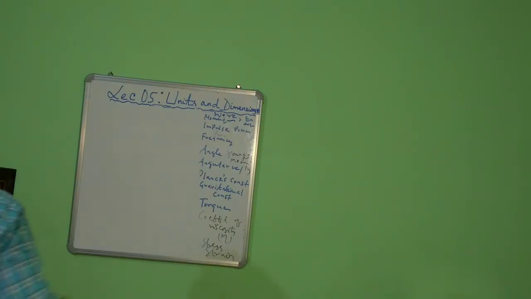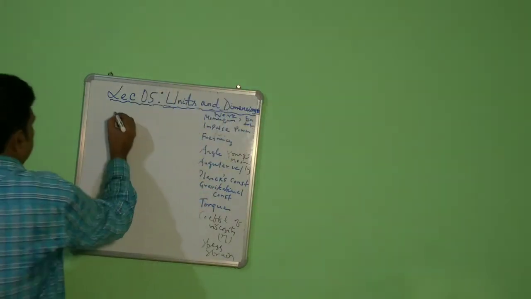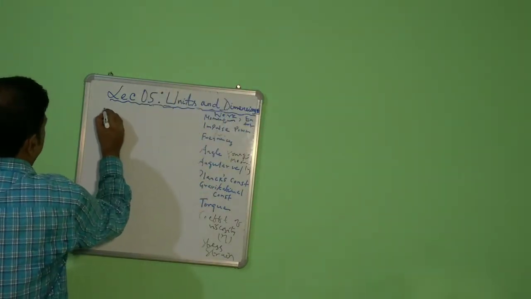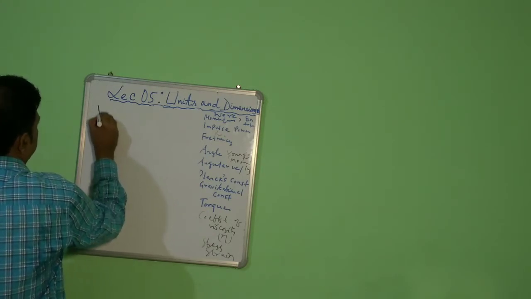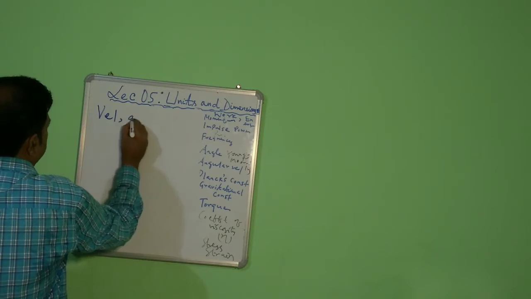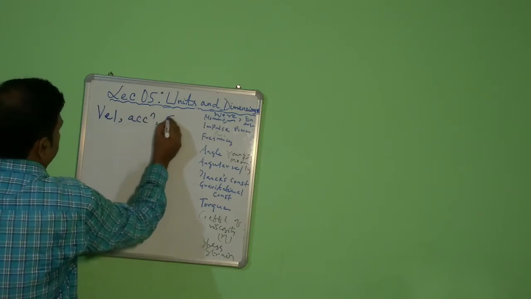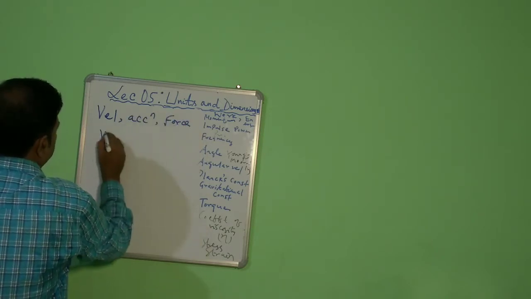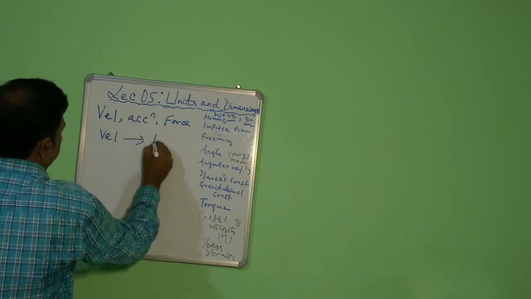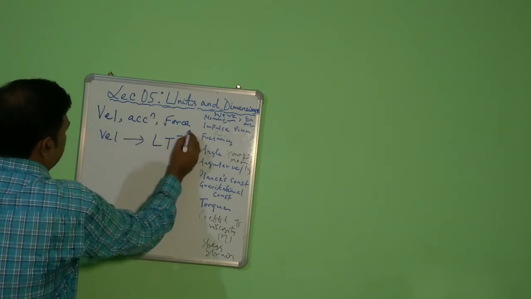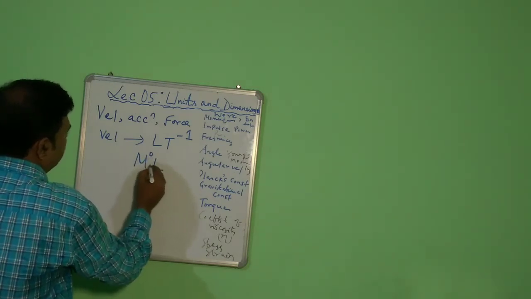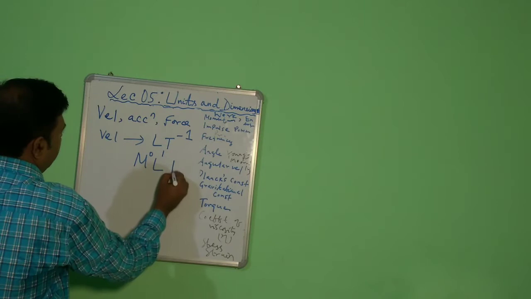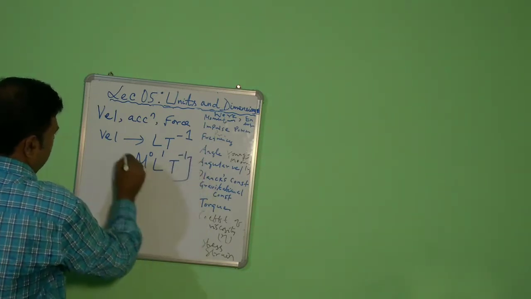In the last class, we found out the dimensions of certain physical quantities like velocity, acceleration, force, etc. The dimension of velocity we calculated is L t to the power minus 1, or you can write it as m to the power 0, L to the power 1, t to the power minus 1.